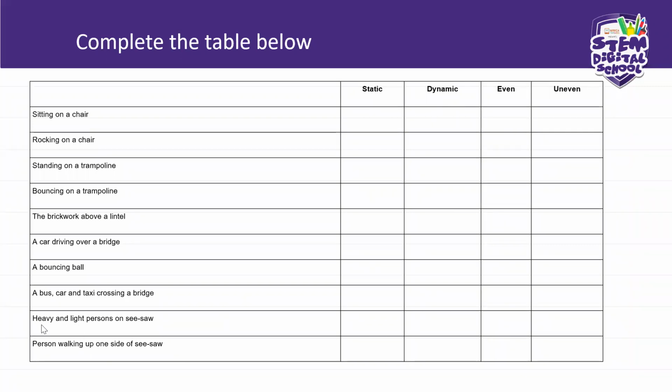Okay. A heavy and light person on a seesaw. Right, is it static or dynamic force? It's dynamic. It is uneven. Dynamic and uneven. Okay.